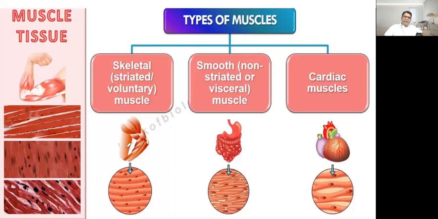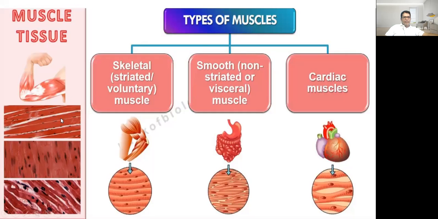But you cannot tell your heart to stop pumping, so cardiac muscle is not under your control. Second is smooth muscle, also called non-striated or visceral muscle; there are no striations and the cells are spindle shaped. Third is cardiac muscle.